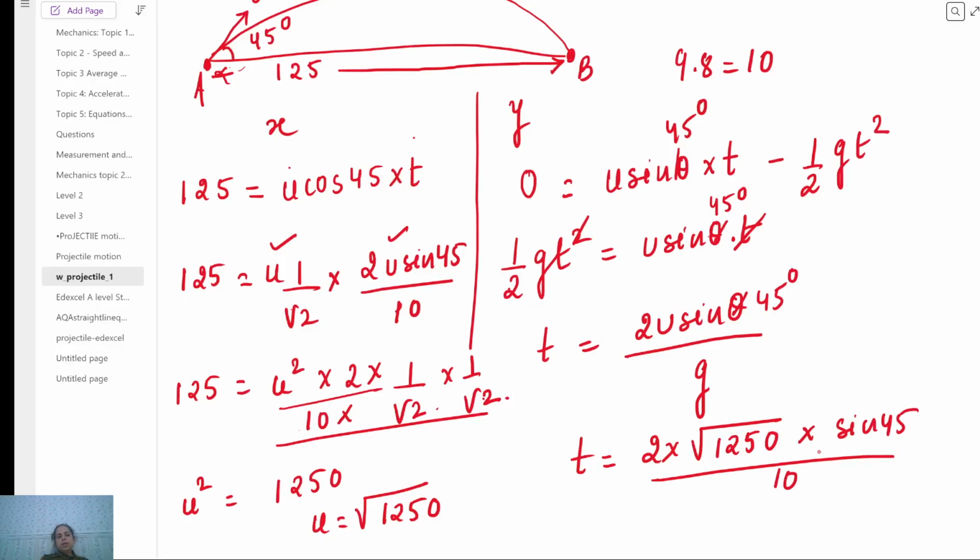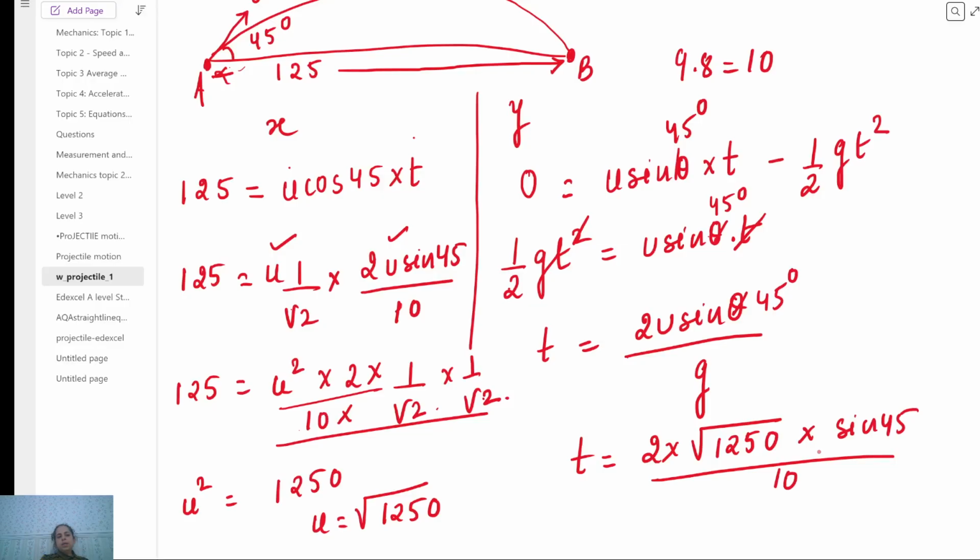Theta is 45. Now this half gt squared comes on the other side, so half gt squared is u sine 45 into t. This gives me my t as 2u sine 45 over g. And then just rearranging, I've got my time. You can always rewind the video and try to do it yourself. Now let's see another one.